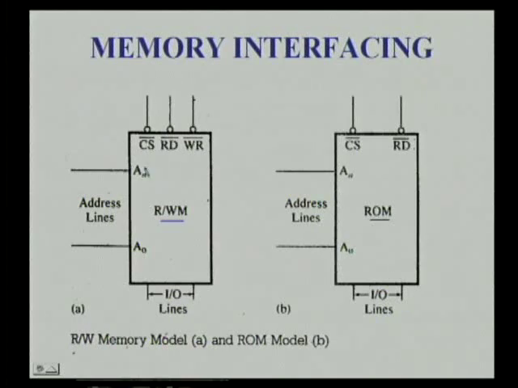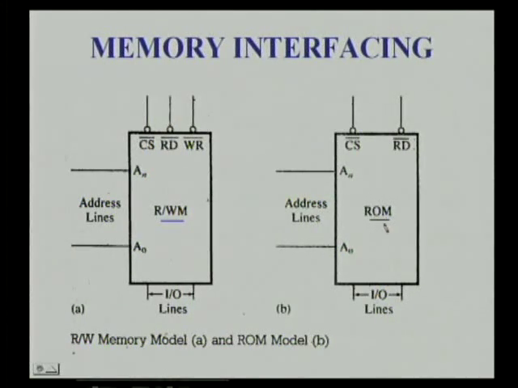And importantly, this chip select must be enabled. If this is enabled, only then can we do all these jobs. So normally, a part of the address is used to select the chip.